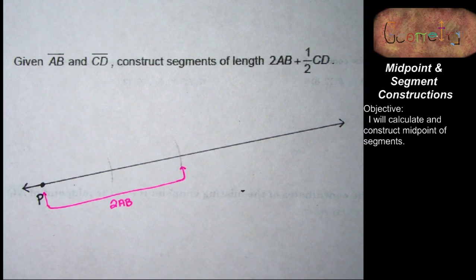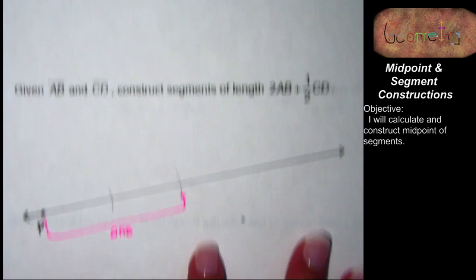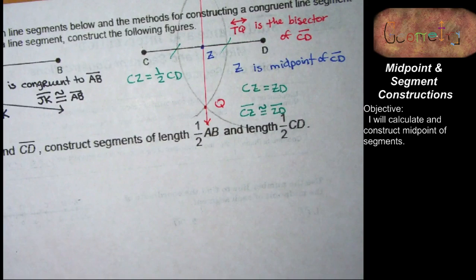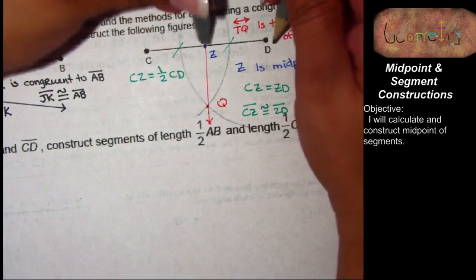Make sense? Yes. Now we want to add to this length, before we get to the end, half CD. Okay, I'm going to scoot this down again so we can look at our CD segment at the very top of the page. Which segment is half CD? CZ or ZD. It could be either one, whichever one you like the best.